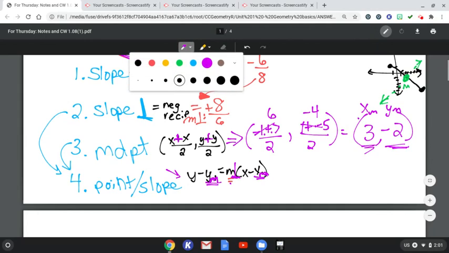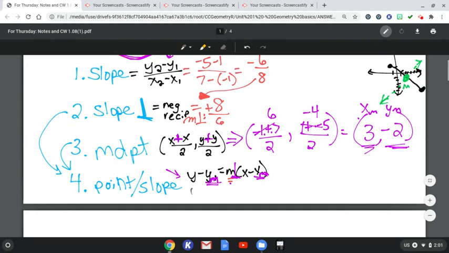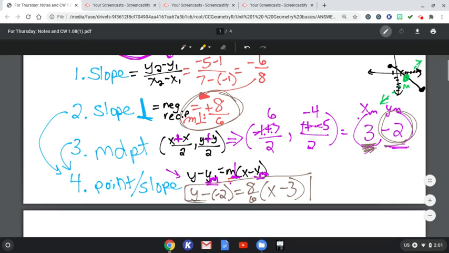So making the final substitution, we have y minus, the y1 value is -2, equals my slope perpendicular, 8/6, times x minus this x value of our midpoint, 3. That's our final answer. We do not need to simplify. We just needed to make the substitutions.